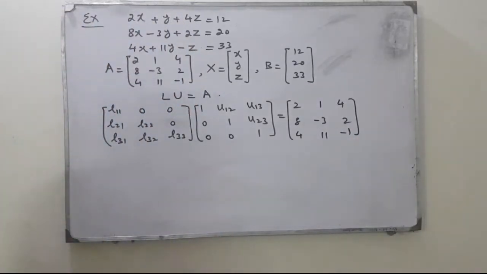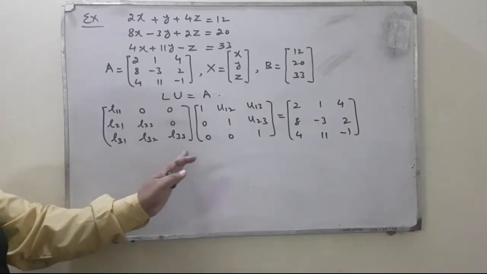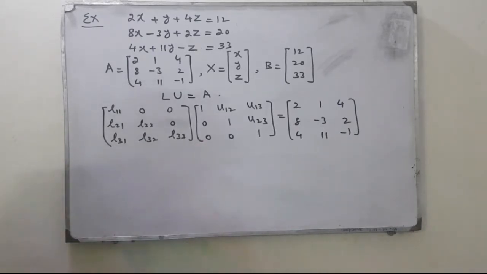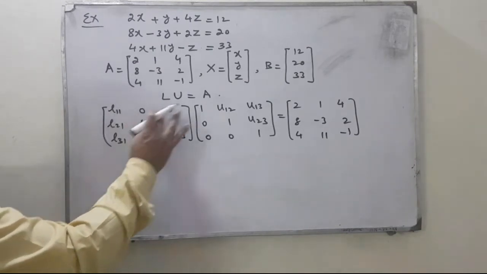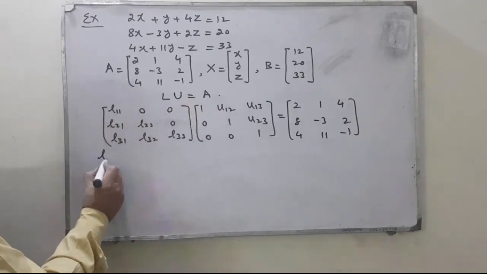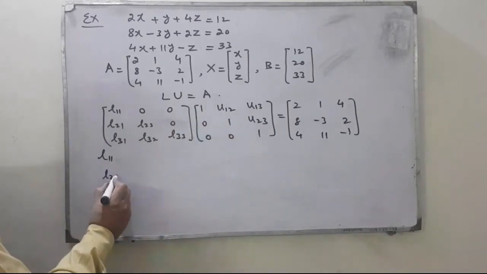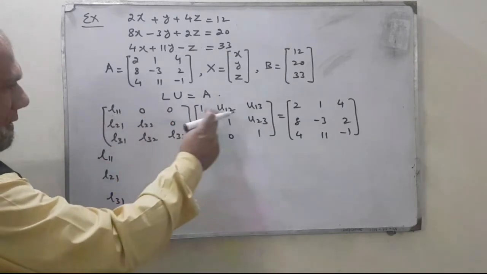So this is the situation so far, and now we are looking for all these six unknowns in these two matrices. So we proceed on the same pattern. First we take the product of these two. First row with first column gives you L11, second row with first column L21, and similarly third row with first column gives you L31.